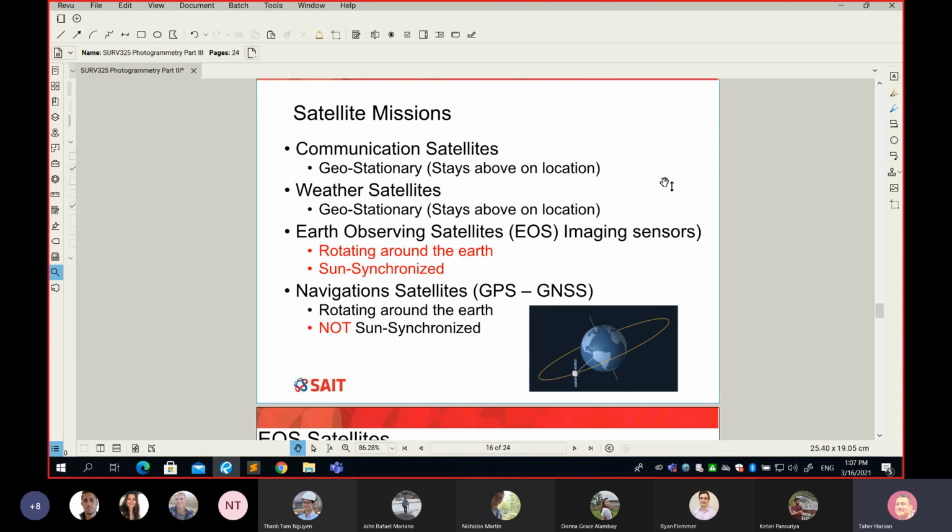There is one group of satellites which you know and are aware of. Did you learn last year about GNSS or GPS? I think you did. So what do we call these satellites? They fall under navigation satellites. The purpose of these satellites is to rotate around the Earth.